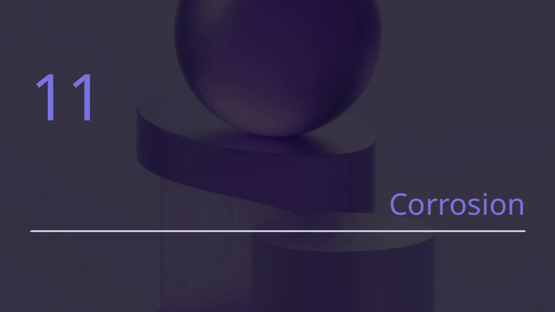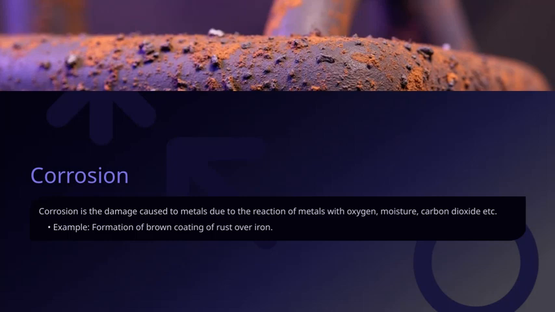Understanding corrosion is crucial because it impacts the longevity and safety of our structures and equipment. By managing corrosion effectively, we can extend the lifespan of materials and reduce maintenance costs. It ties into the overall theme of material durability and proper maintenance strategies, reminding us why preventing corrosion is so vital in our field. Let's look at an example to understand corrosion better.